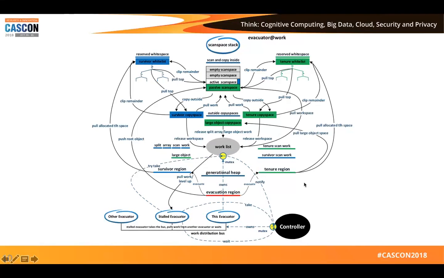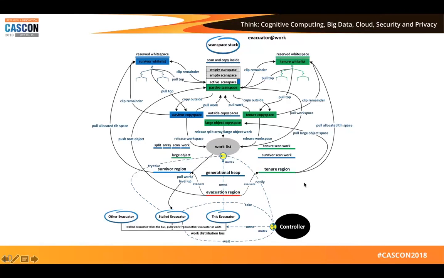And we just continue to do this until we've scanned that workspace, everything inside that workspace, and the stack pops and is empty. At that point, we need to go to the outside copy spaces. If there's any work inside these outside copy spaces, we'll pull that work into the bottom of the stack, scan it out, and basically you need to clear both of these outside copy spaces before you can go to your work list.